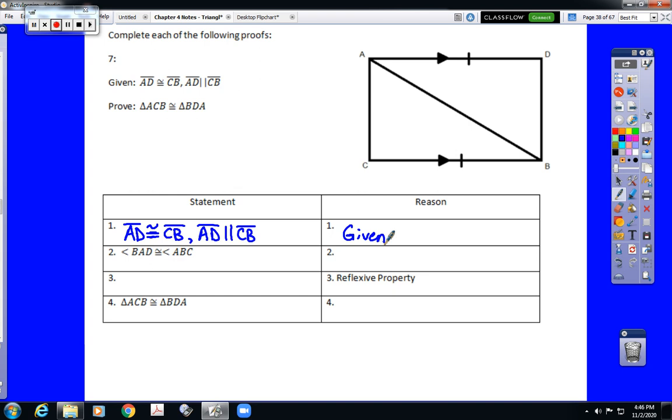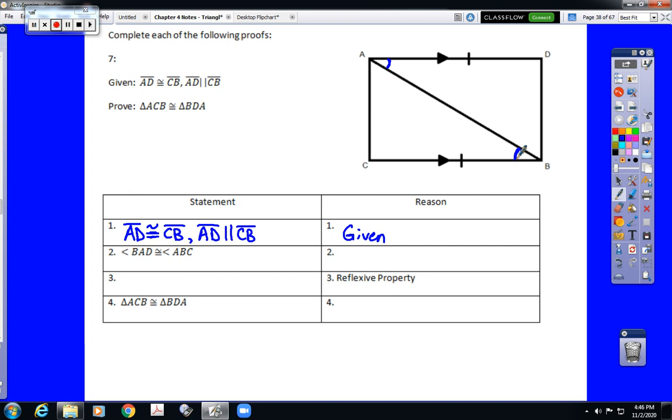In statement 2 of this fill-in-the-blank proof, we are told that angle BAD, which is this angle up here, is congruent to angle ABC, which is down here.